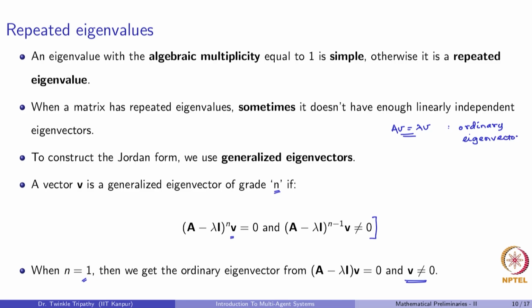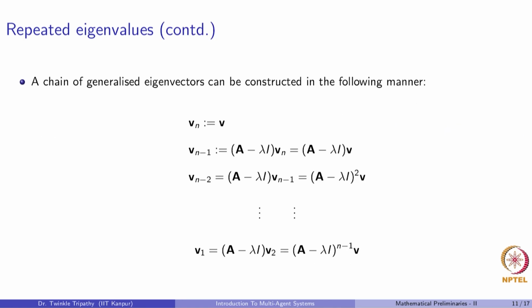So, we will keep referring to an eigenvector being ordinary or generalized. It is generalized if it satisfies this property, and if it is calculated using this rule, it becomes an ordinary eigenvector. So, let us see how we actually calculate the generalized eigenvector. Let us start with some vector Vn and we set it to some value V. Then the generalized eigenvectors form a chain in this manner.